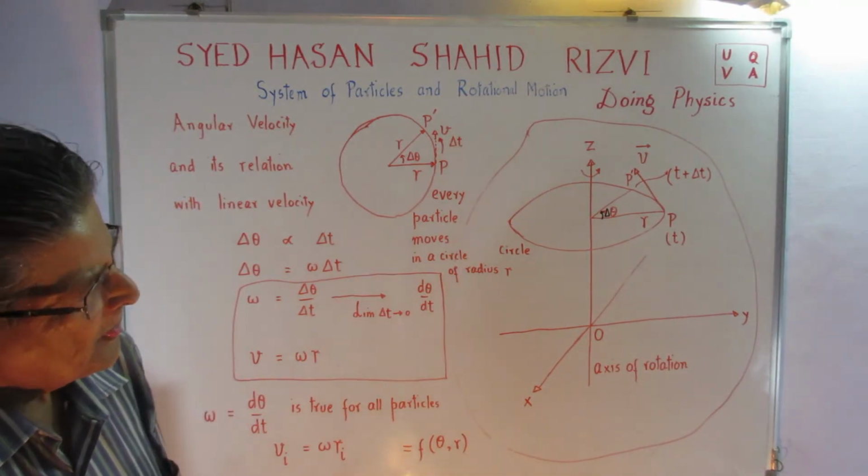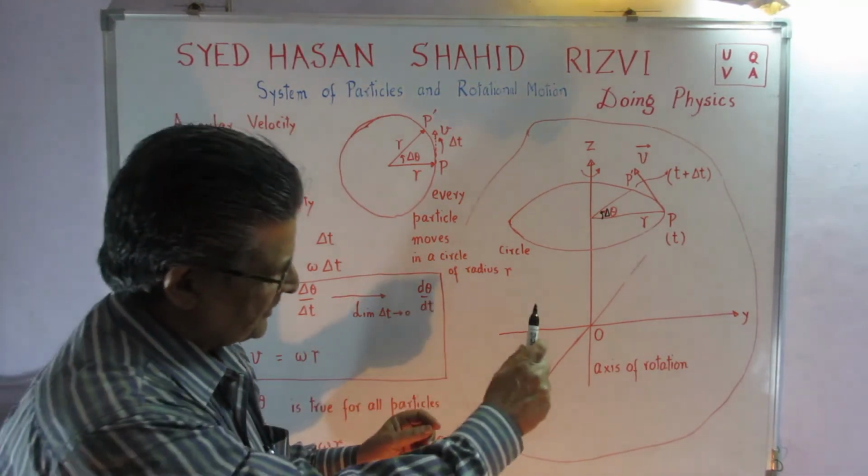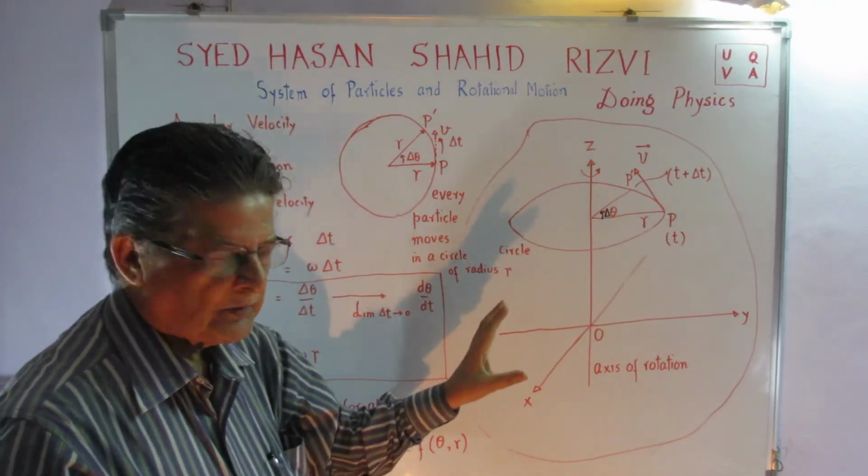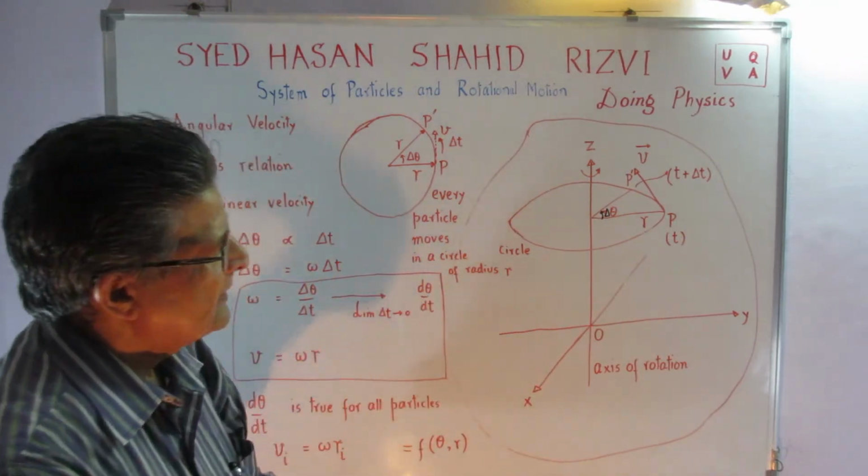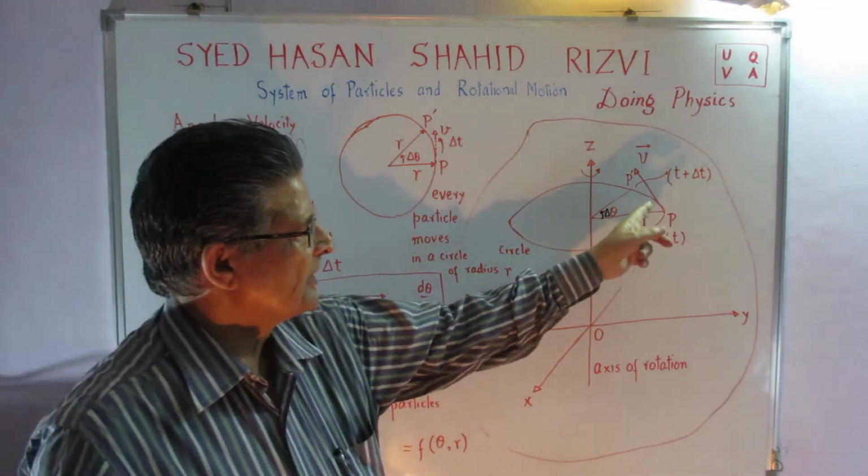Now here, all points on this body, when they are rotating, will go round in a circle.